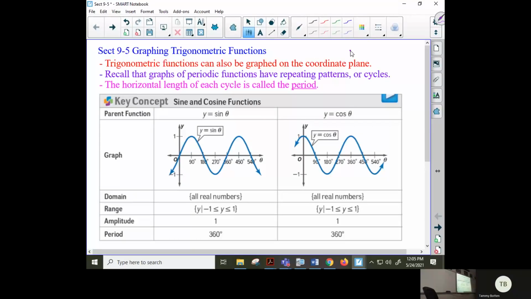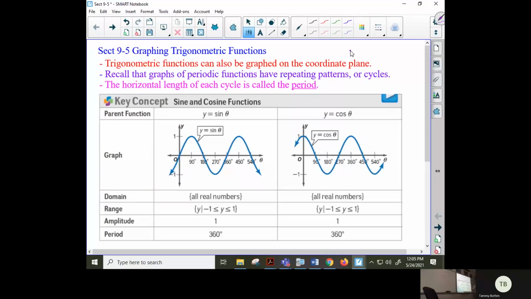Sine and cosine are not bad at all to graph. Tangent is a little bit worse, and then cotangent is like tangent. We're going to do cotangent tomorrow, along with cosecant and secant. So between today and tomorrow, you're going to see how to graph all of them.